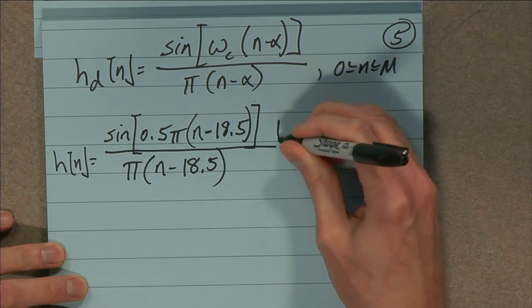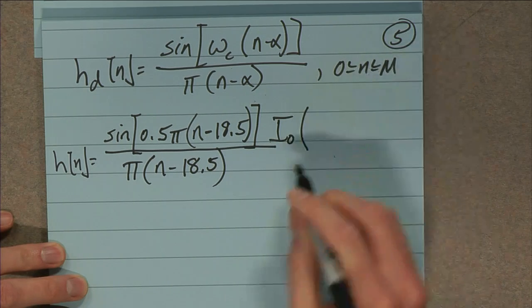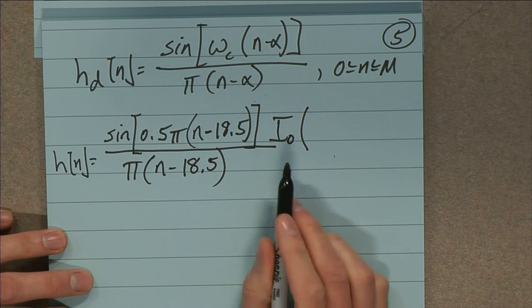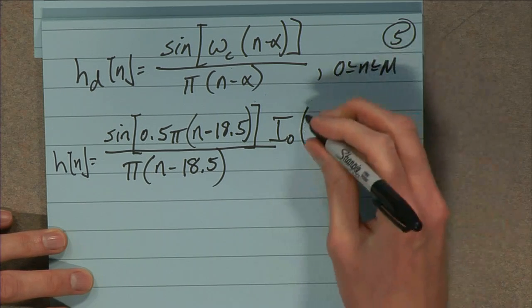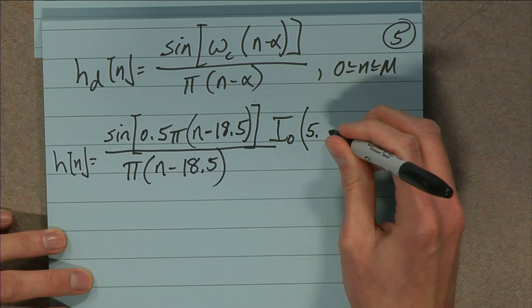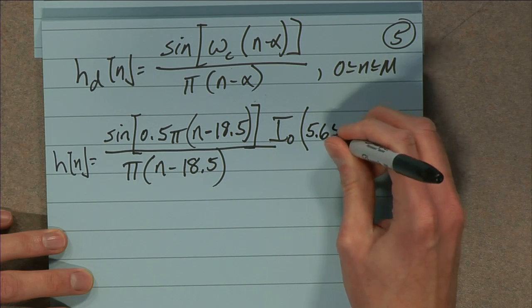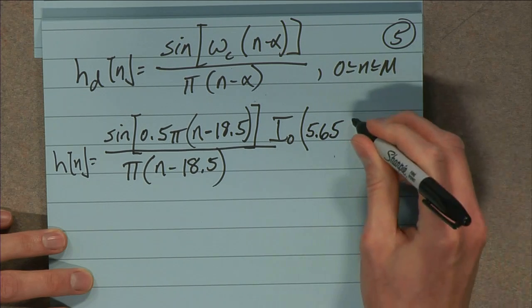Now for the Bessel function part, that's the I0, which we'll mess with in MATLAB, times that shape factor, which was beta, which we said was 5.65, probably close enough.